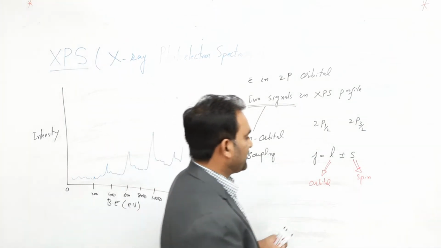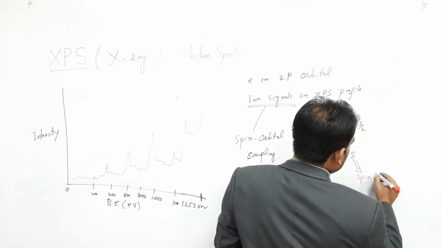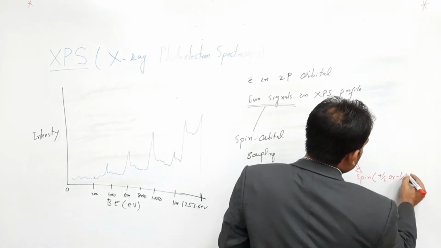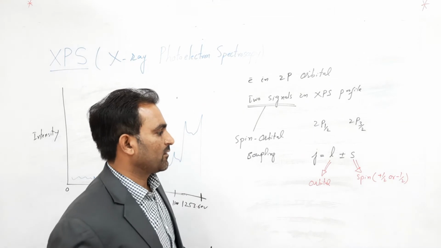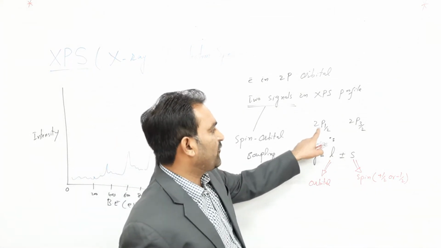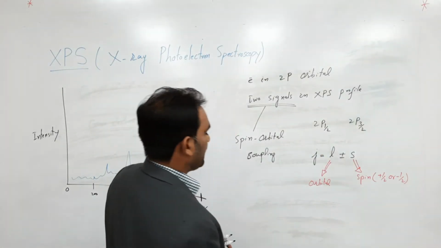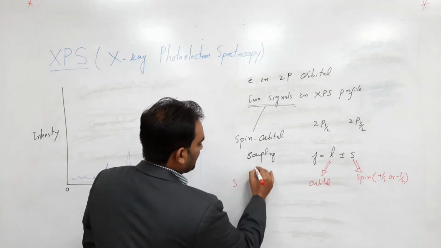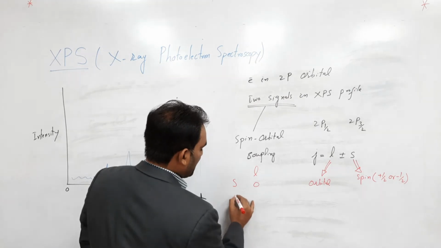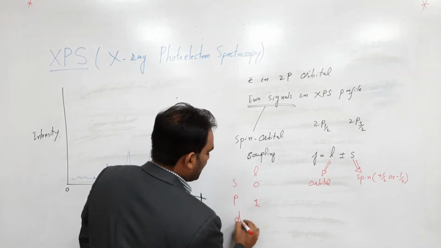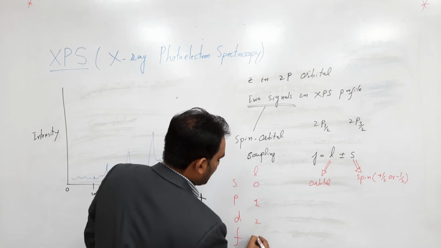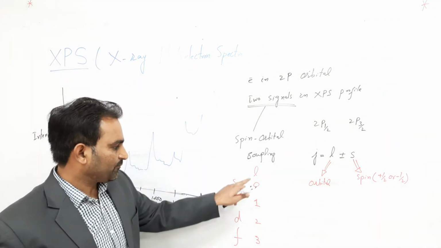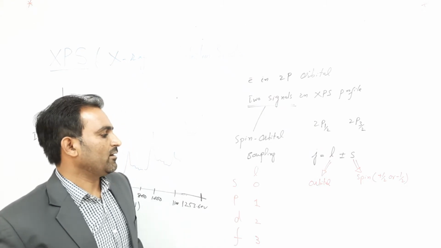And we know that spin is either plus or minus one half. For S, the value of L is equal to 0, for P it is equal to 1, for D it is equal to 2, and for F it is equal to 3. Okay?